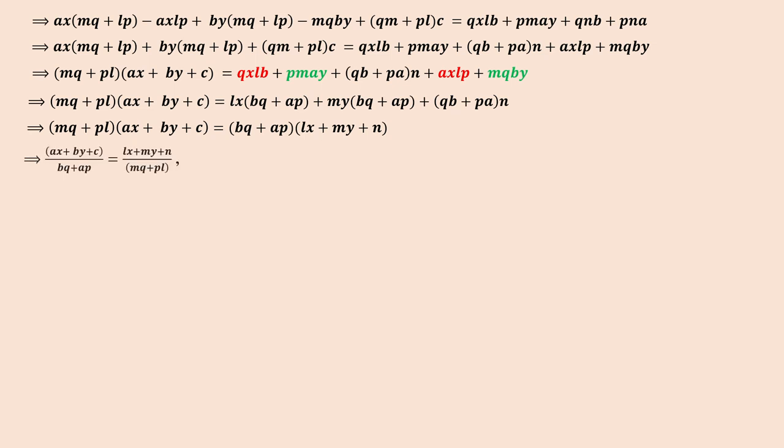Therefore, Ax plus By plus C, take the (BQ plus AP) term on the left hand side to the right hand side, it will come to the denominator: (Ax plus By plus C) by (BQ plus AP) equals (Lx plus My plus N) on the right hand side. Take the (MQ plus PL) to the right hand side from the left hand side, so it will come to the denominator, divided by (MQ plus PL), which is the equation of BE.